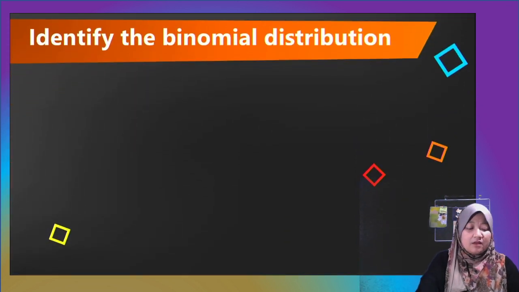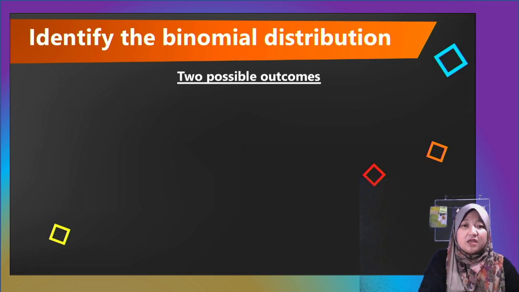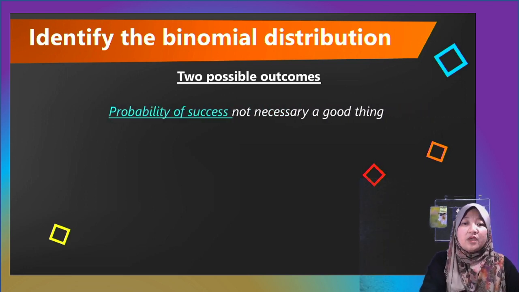Okay, second point is binomial has two possible outcomes. We have success or failure trial, or success or failure event. Probability of success is not necessarily a good thing, especially in production. Maybe we have a defect of screw, defect of any product.